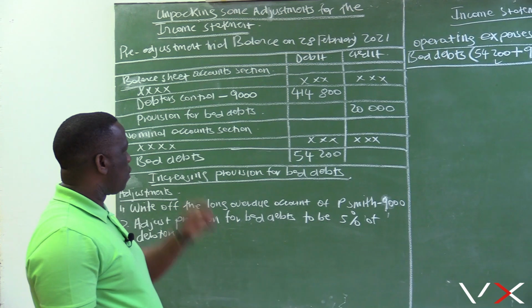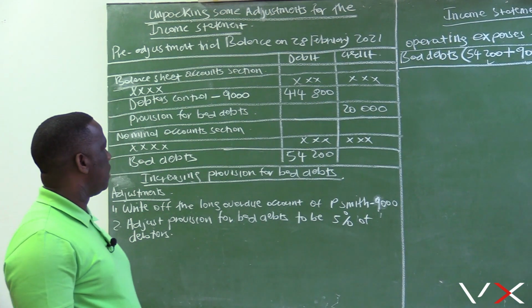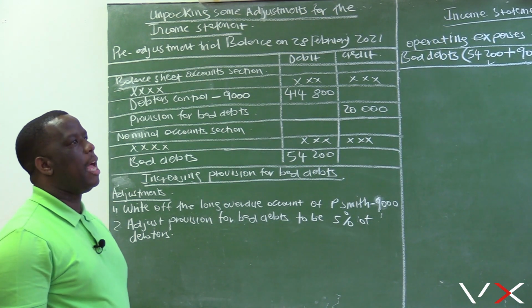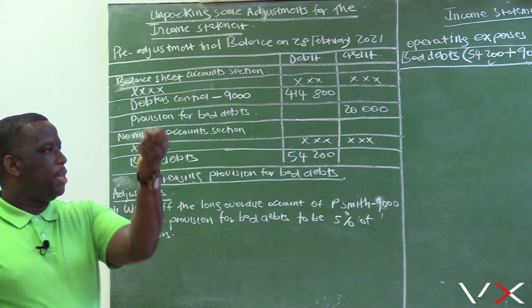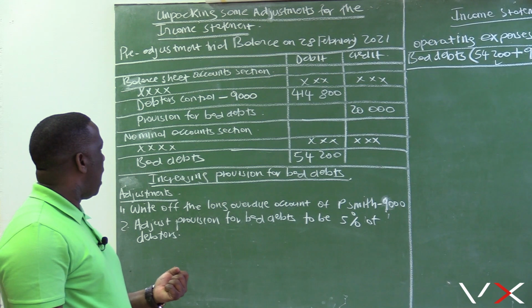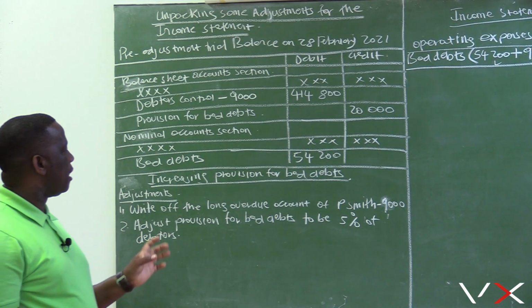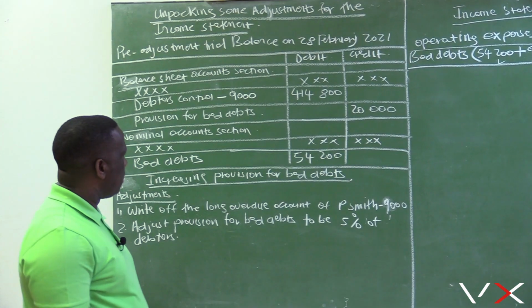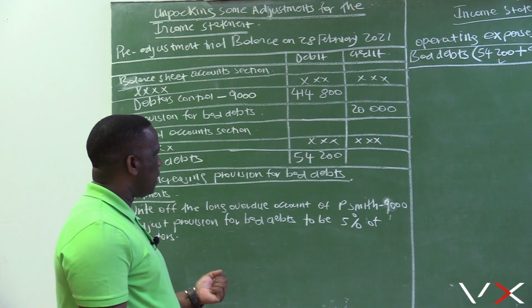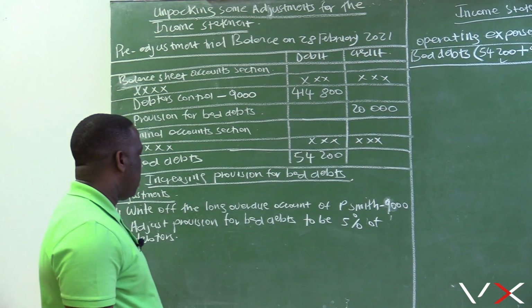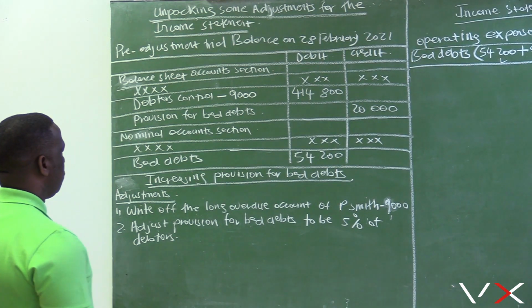And therefore your debtors control account will be credited, meaning that your debtors will decrease. It's like you are taking off the 9,000 from the amount that we are expecting to receive from the debtors, and we are recording it under bad debts. So it's reducing debtors control and increasing bad debts. So this is how this adjustment is going to be treated.